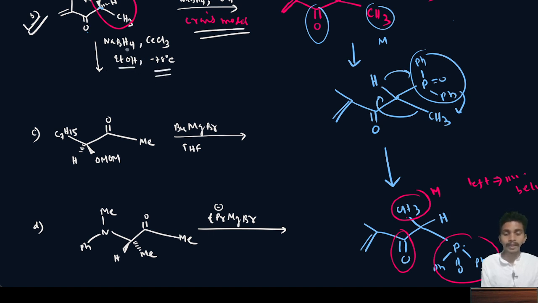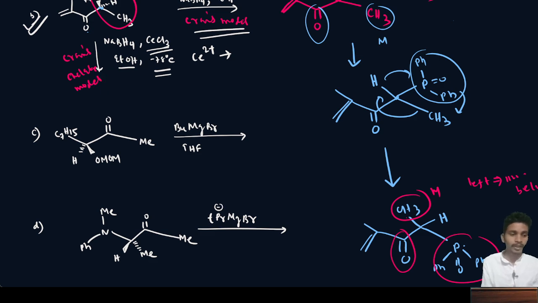At that time NaBH4 will not show the chelating property, this Na metal will not show the chelating property, but we see that Ce3 plus shows the chelating property. So whenever NaBH4 is given with this reagent, at that time it will show the chelating property. So here we will do the Cram's chelate model.